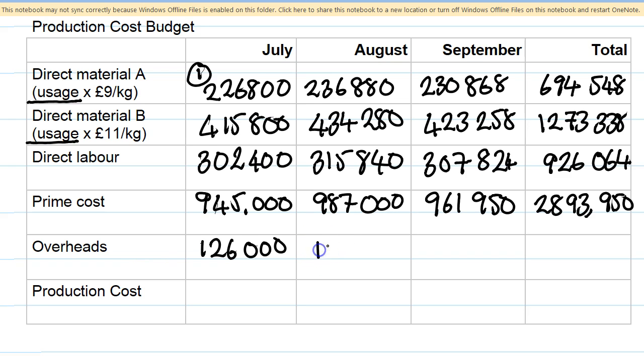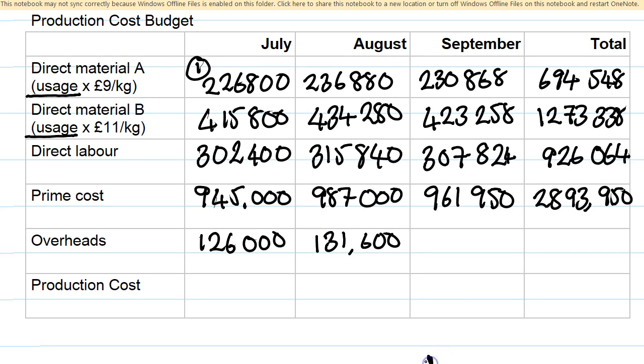So for August, it's going to be £131,600, and for September, £128,260. In total, if we add all our overheads up, £385,860.